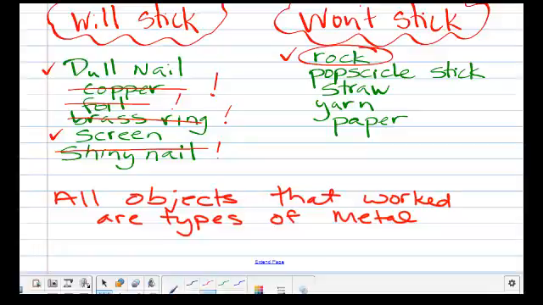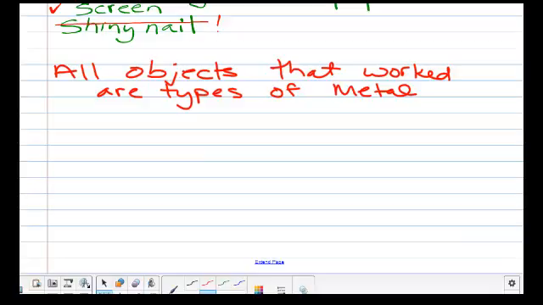Because the rocks might not be all metal because they're minerals. So he says because the rocks aren't necessarily metal. Why else, Jackson? Since aluminum foil and copper foil didn't work, I can't say all metals work. Okay, only certain types work.